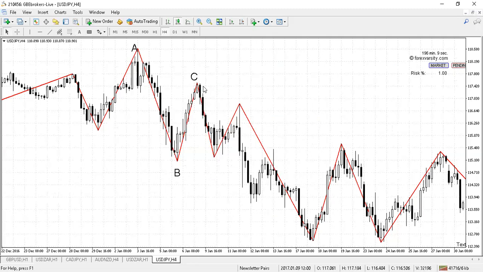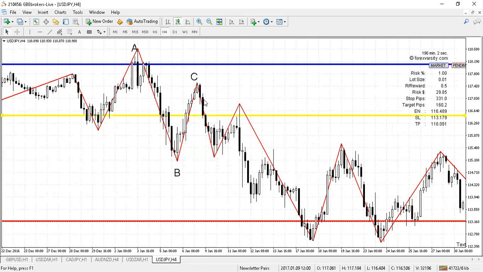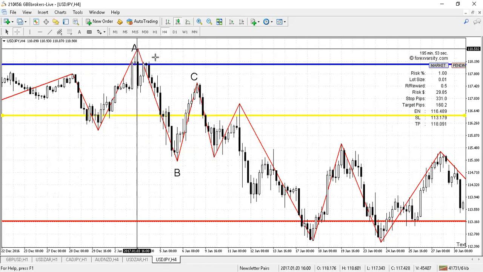Okay, this works very well even if you entered on trades late, for example, even if it was this candle that gave you the signal. Then what you would do again is get your crosshair tool from A right through to your entry point, which is 209 pips.